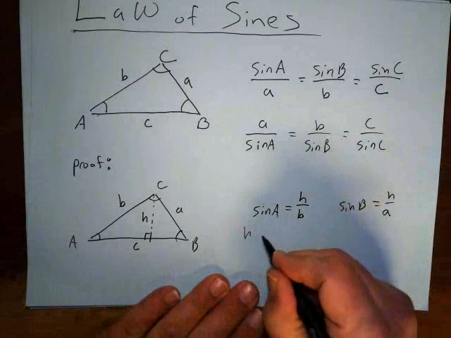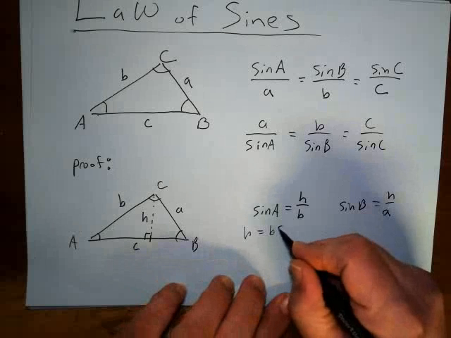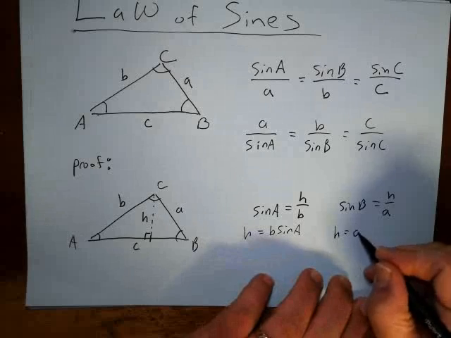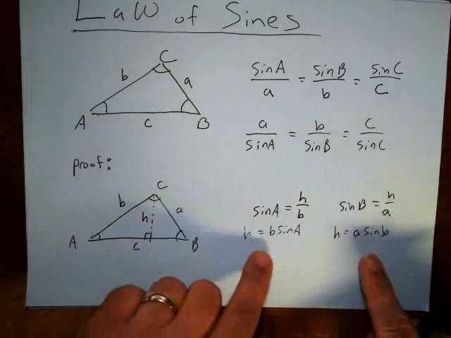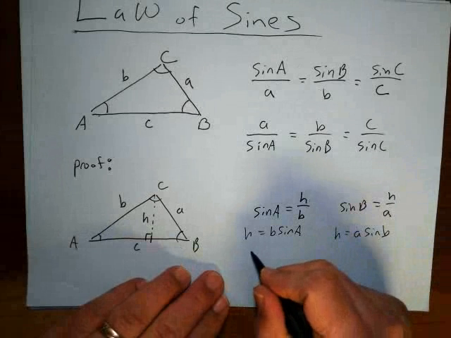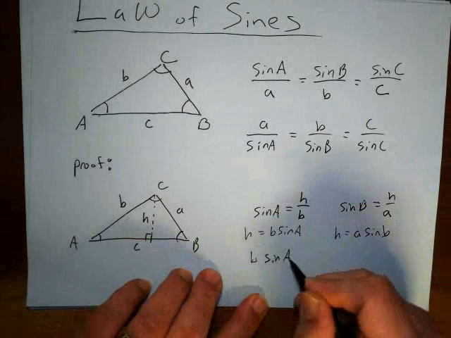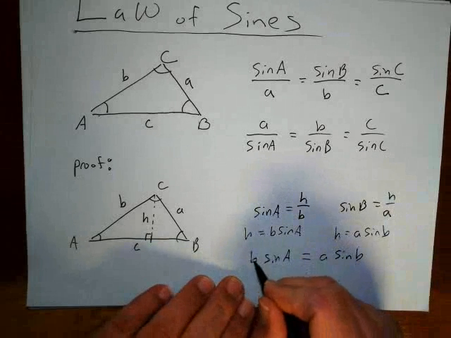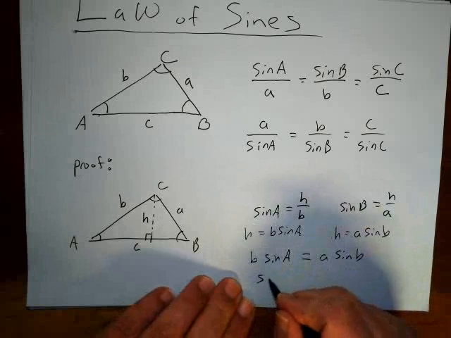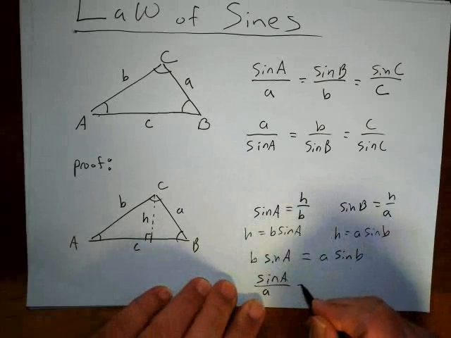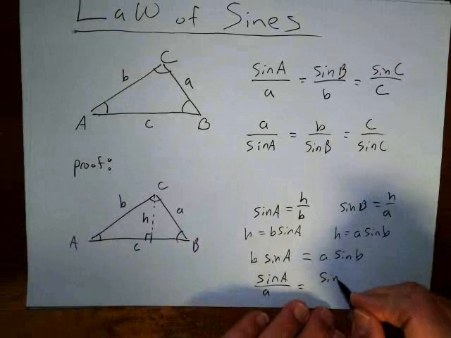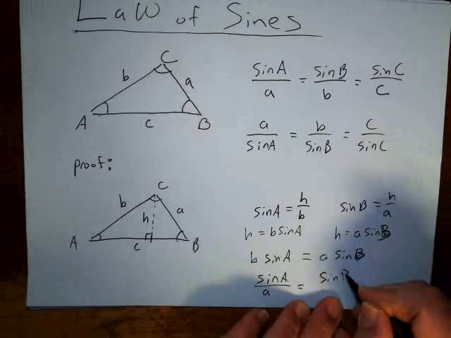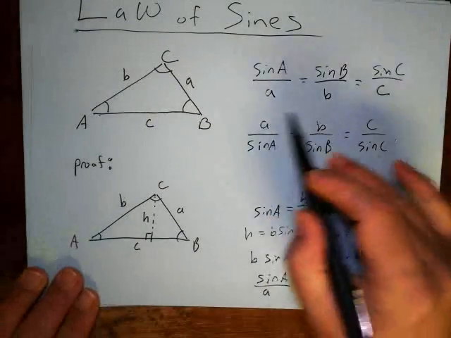So then you could rewrite this: H is equal to B sine of A, or H is equal to A sine of B. Since both of these are equal to H, B sine of A is equal to A sine of B. Then I could divide both sides by B and both sides by A, and I would get sine of A over A is equal to sine of B over B. And that would be this part of the ratio.